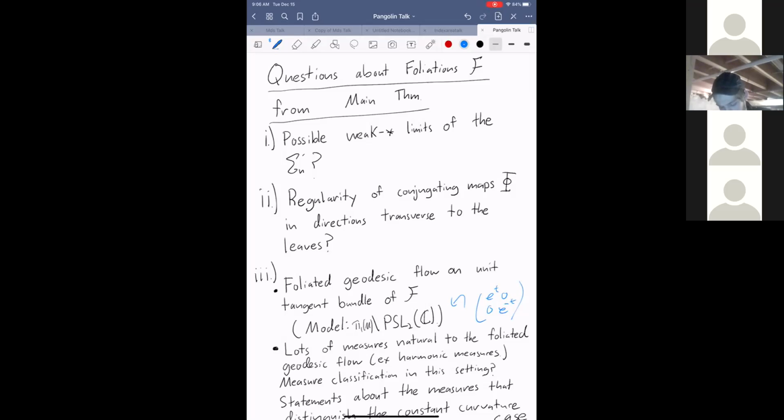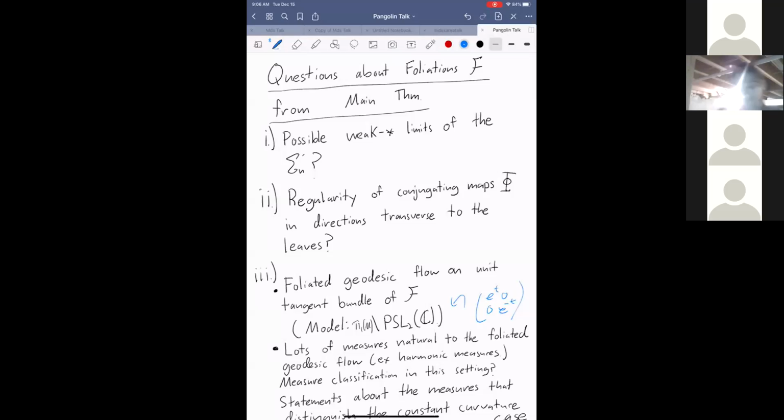Sebastian Alvarez has some results where he looks at negatively curved metrics in a different context, but is able to prove some of the things that I said in his setting. So that's a little bit encouraging for the prospect of answering this question. But yeah, I don't really have any idea how to proceed.